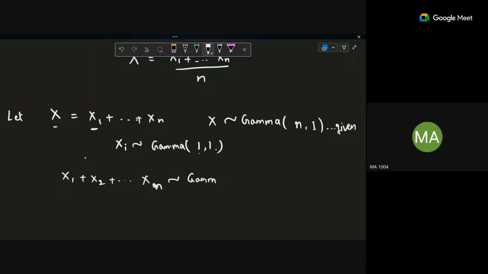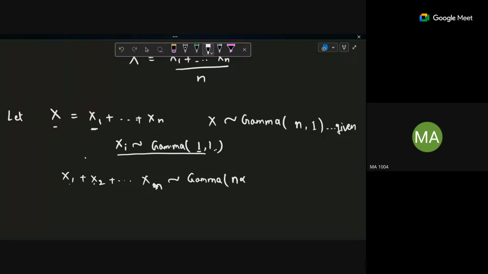Yeah, these are gamma distributions with alpha as 1, beta as 1. Then if I sum up all such random variables, then that sum will follow the sum of all these alphas. So how many alpha are there? So n times, right?